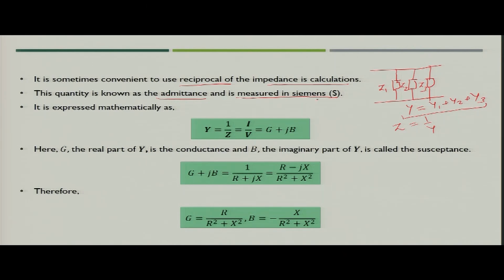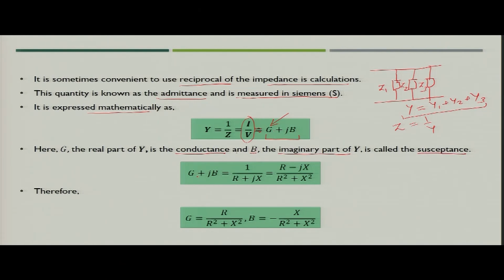So, mho and Siemens both are the same, you can use them interchangeably, and the admittance is expressed mathematically as Y is equal to 1 by Z, or you can write I by V. Now, similar to impedance, if you are asked to represent Y in terms of rectangular coordinates in the complex plane, you will write G plus jB, where G is called conductance and B, which is the imaginary part of Y, is called susceptance.